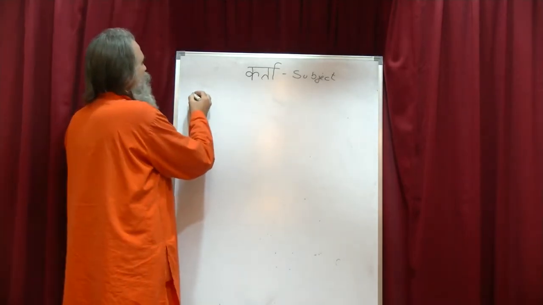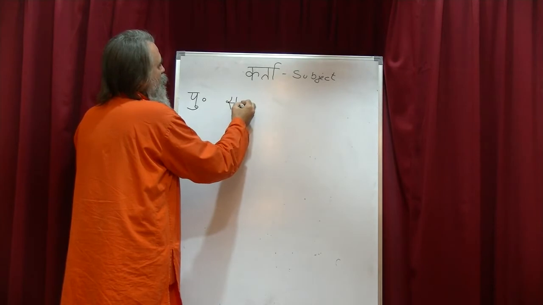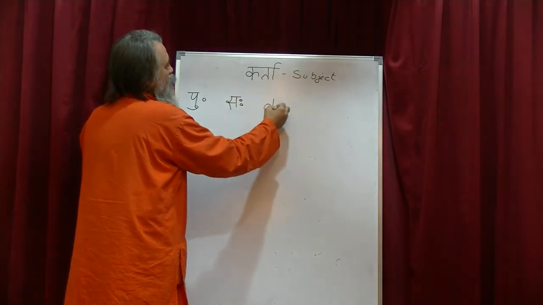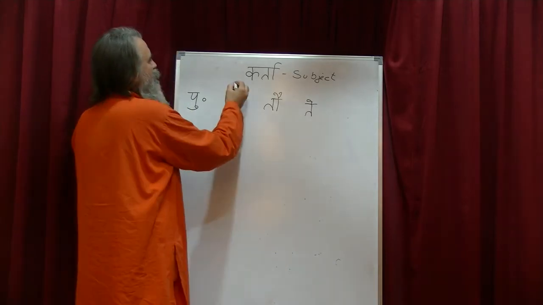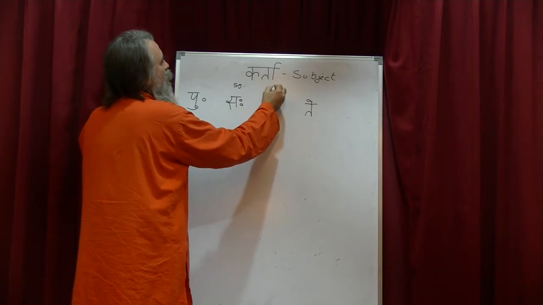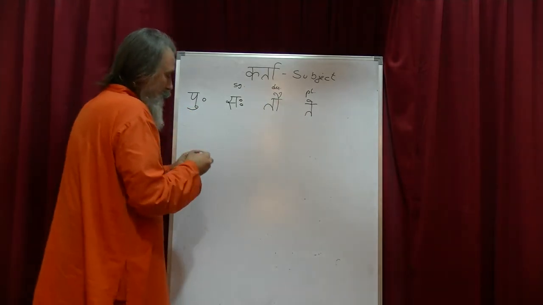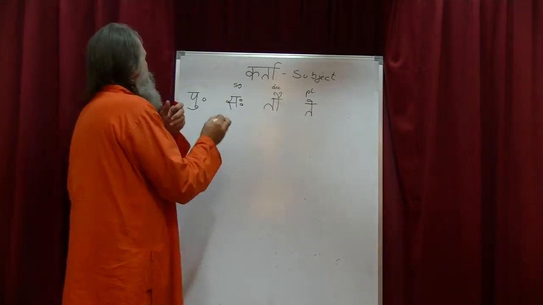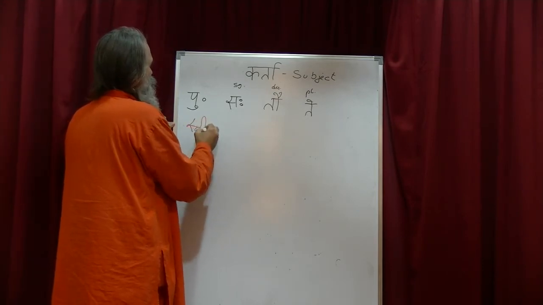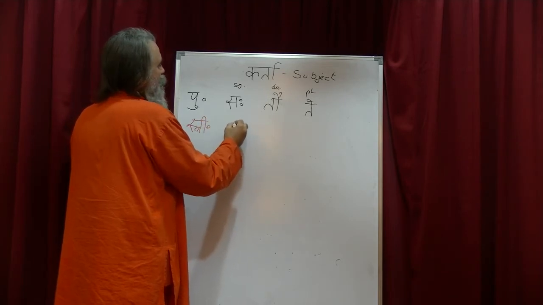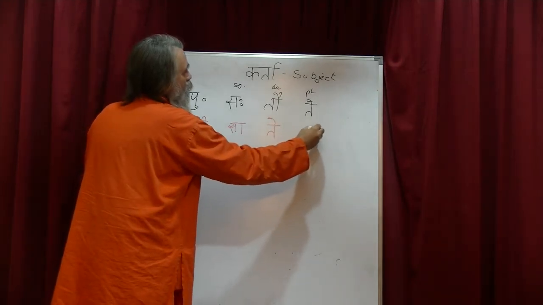In pulling, which is masculine, we have saha, tau, te. This is singular, this is dual, and this is plural. In striling, which is feminine, we have sa, te, taha.